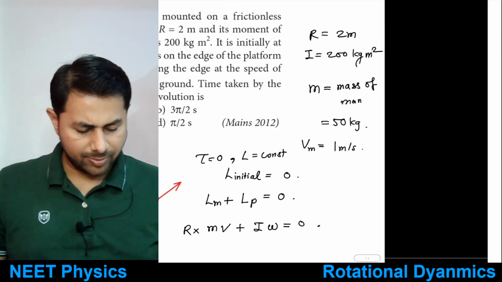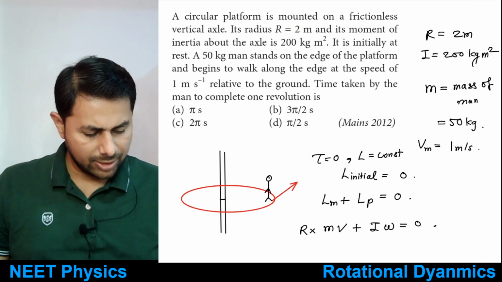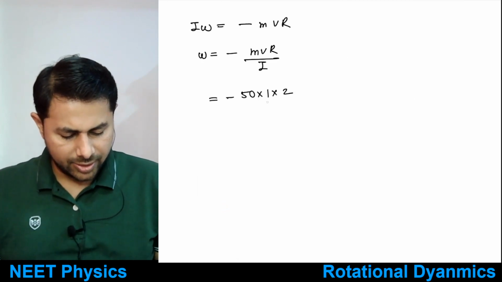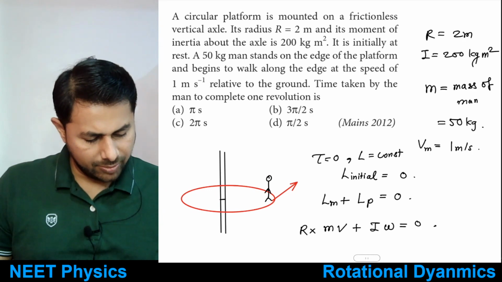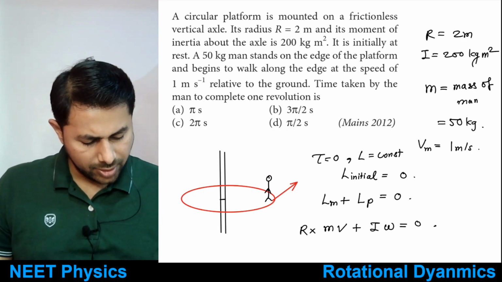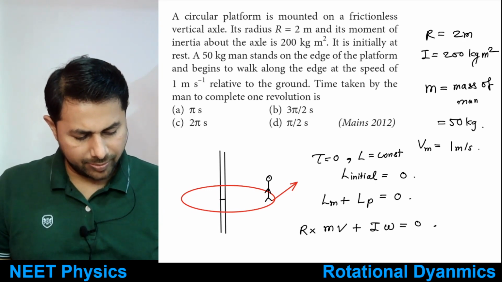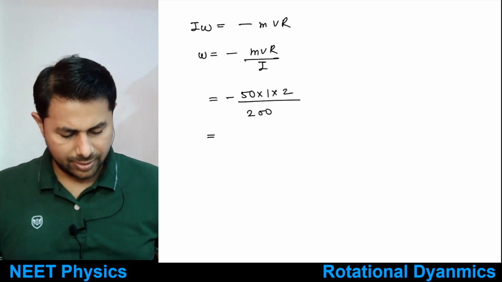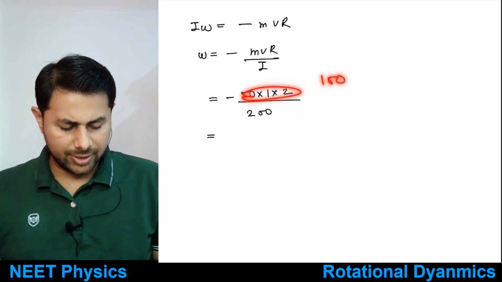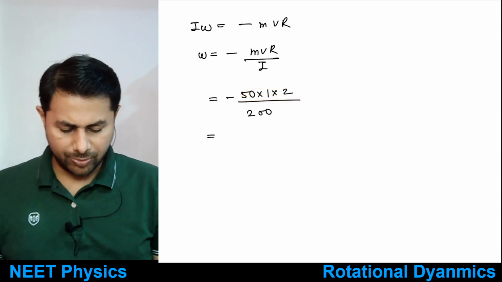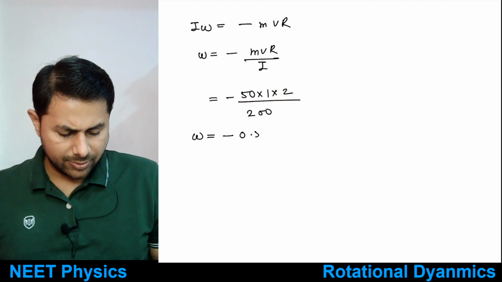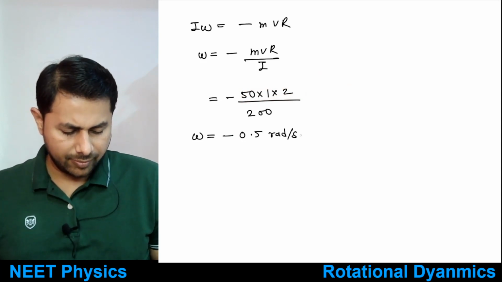The mass of the man is 50 kg, his speed is 1, the radius is 2, and in the denominator you have the moment of inertia of the platform, which is 200, right? So the numerator is 100, divided by 200 is 0.5, so omega is equal to minus 0.5 radians per second.